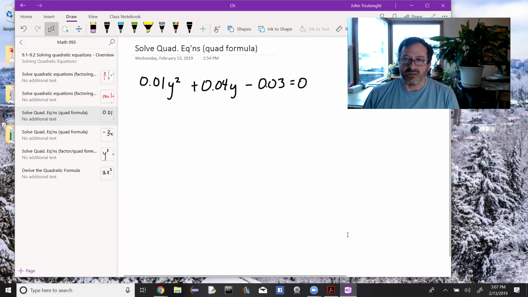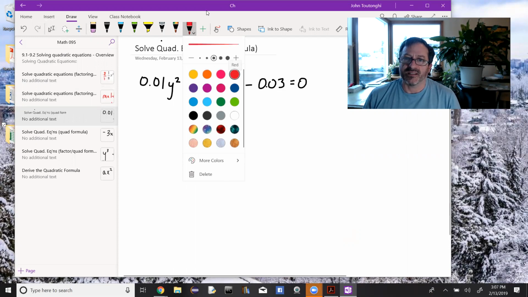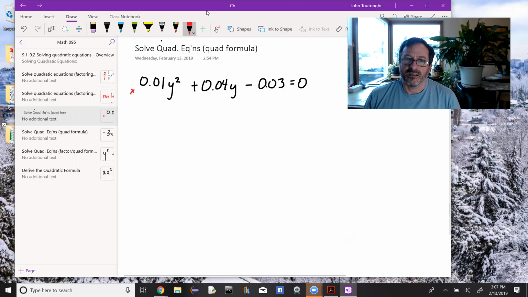So we need to put it in standard form, which it already equals 0, but I want to get rid of these decimals. So I can treat it similar to how I would a fraction and multiply everything by some power of 10. So in this case, multiply everything by 100 on both sides of this equation.